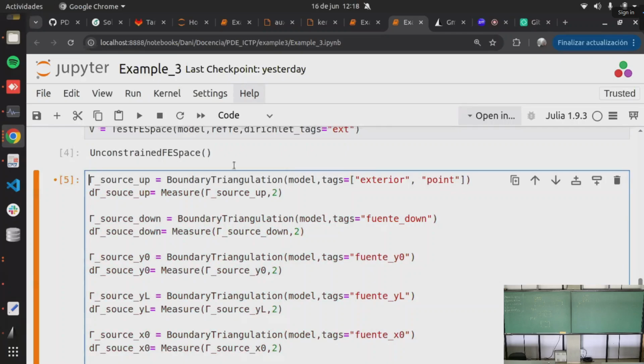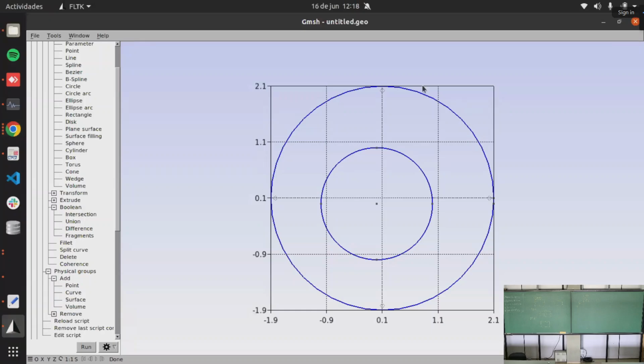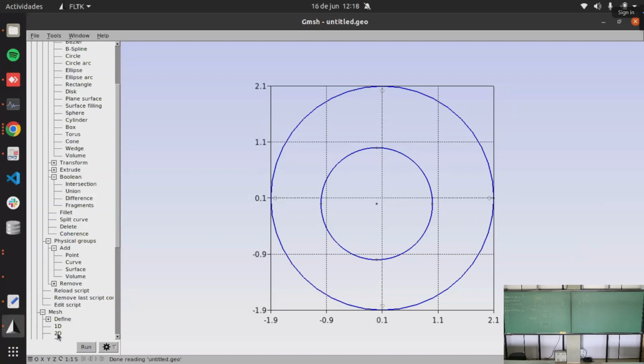And in this way, this gamma will have the information of the triangulation of all the exterior boundary and the point. All right? Okay, yeah. In this case, I solved the problem of the forgotten point here like this, instead of making the circle by hand. So one way or another.